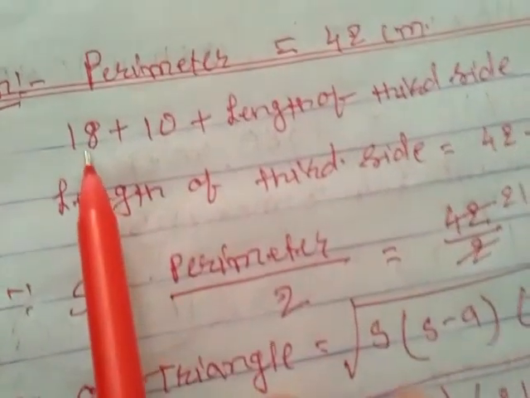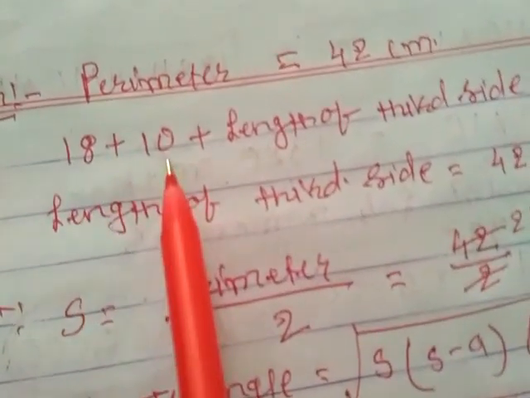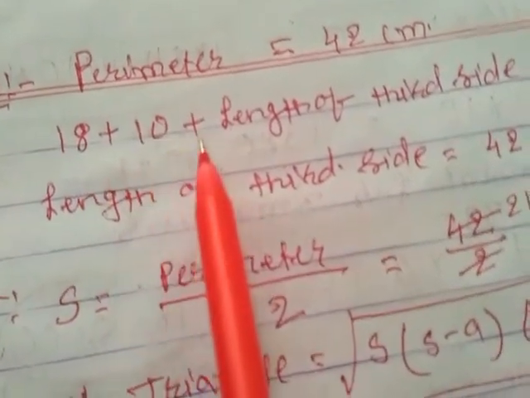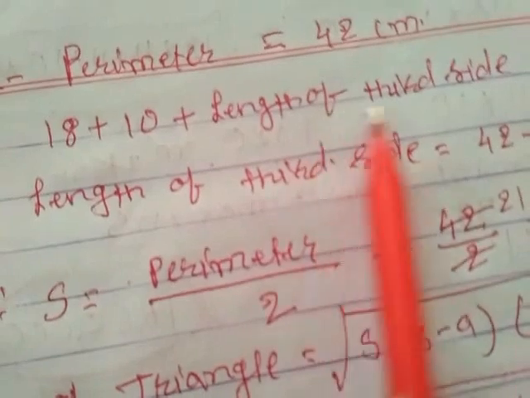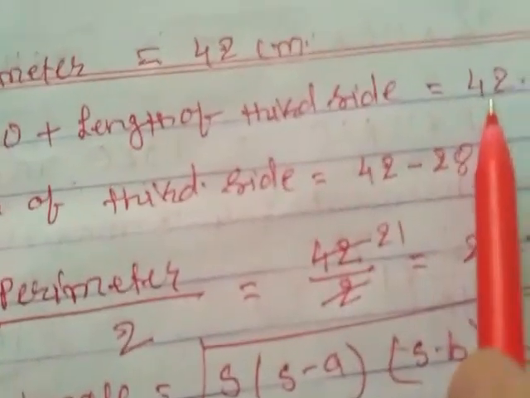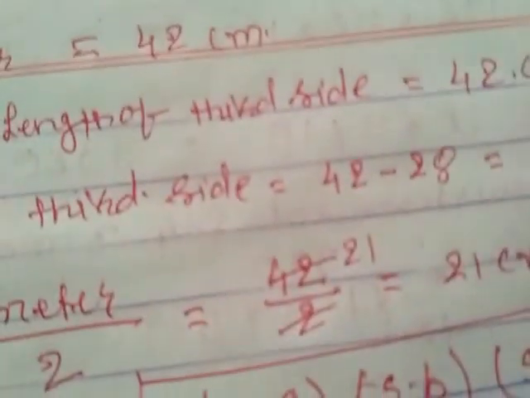The two sides were 18 centimeter and 10 centimeter. So 18 plus 10 plus the length of the third side will be equal to 42 centimeter, that is the perimeter of the triangle.